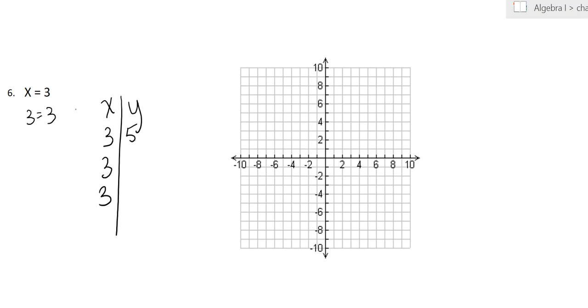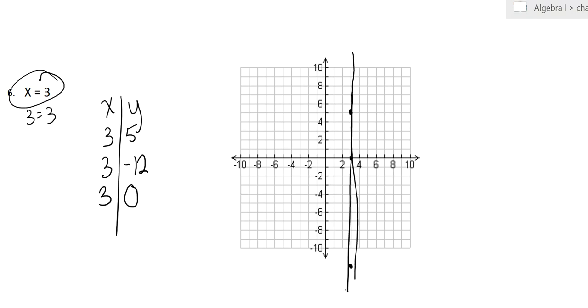If I make y 5, x has to be 3. If y was negative 12, x is still 3. If y is 0, x is still 3. So if I plot 3, 5, 3, negative 12, 3, 0, you'll notice they're right on top of each other. And this, if my line was straight, creates a vertical line.